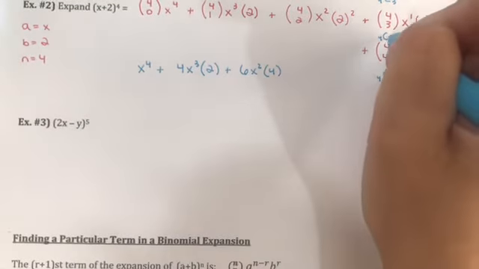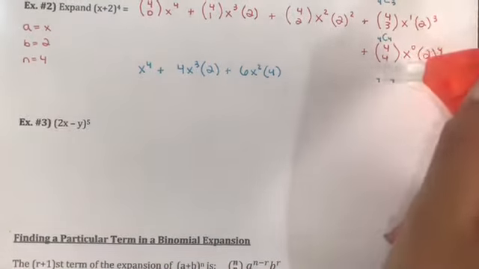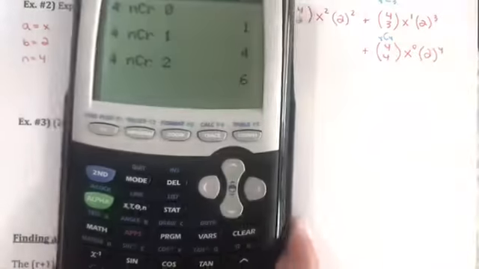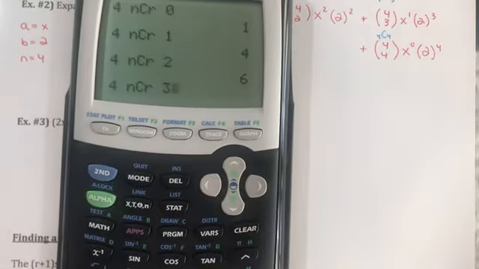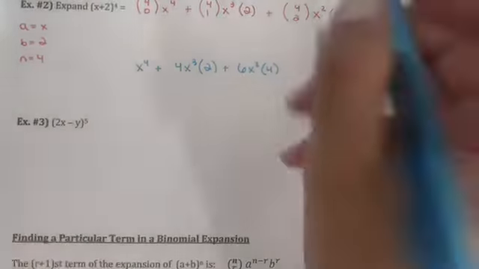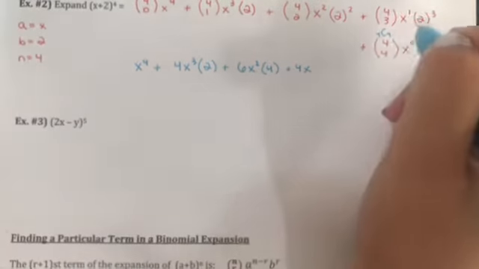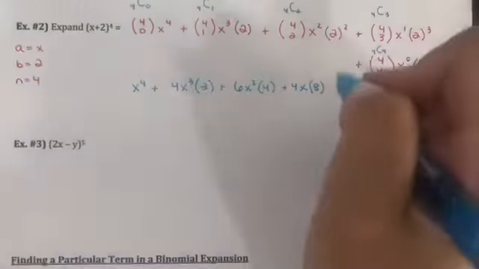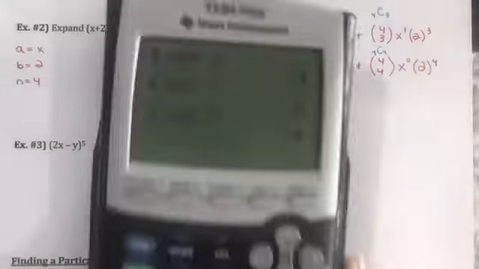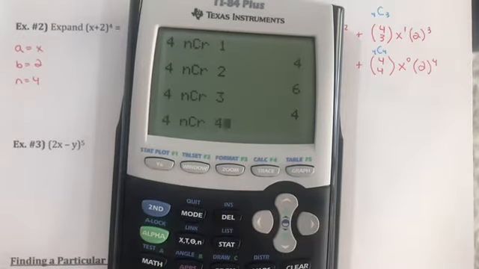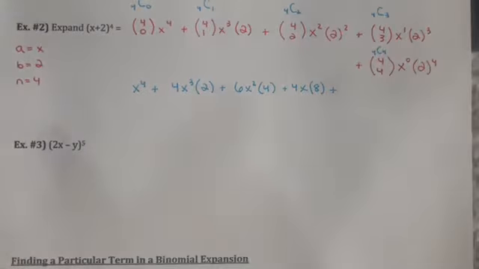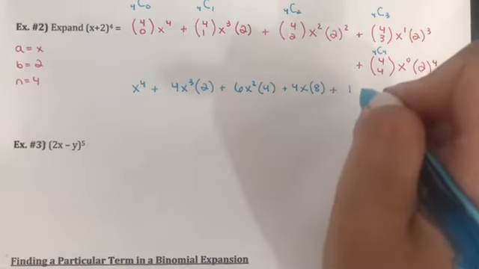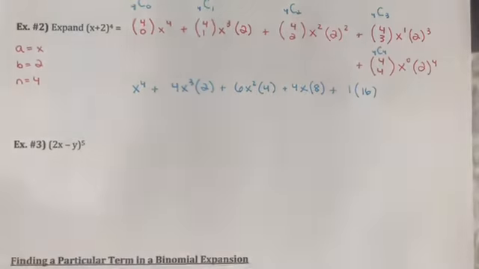Actually, let's put 4C4 over here just in case I need the space. Next one is 4C3, which is 4. x, and then 2 to the third power is 8. And finally, 4C4. I'm going to show you something that happens. It's just 1. So we've got 1. x to the 0 cancels out. And then 2 to the fourth power is 16.